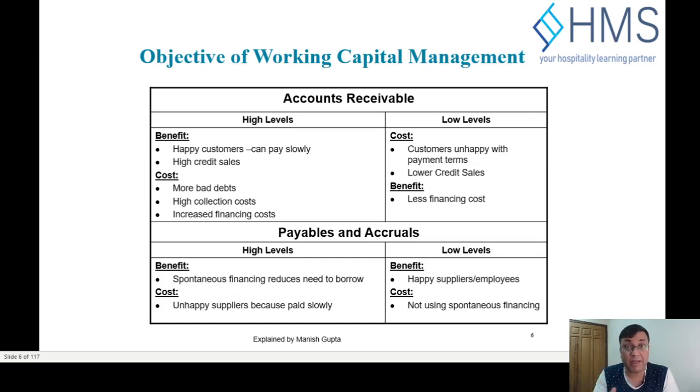Do we pay the suppliers and get the cash discounts, or do we use the credit facilities without the cash discounts? So that is all about the benefits and the risks of different working capital components. We're going to see you in the next videos on how to manage these components.